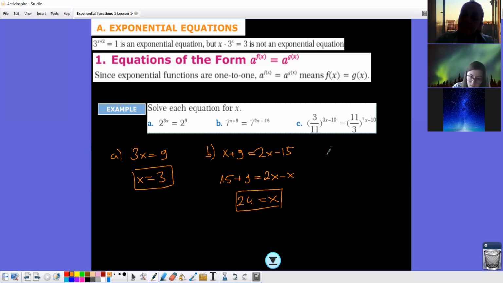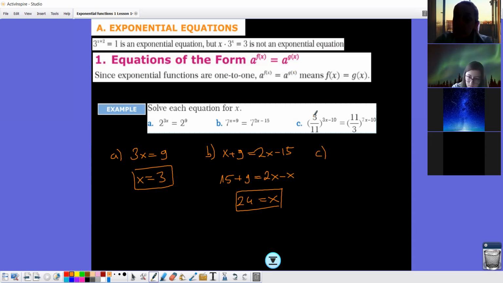In C, look. 3x minus 10. We do it inverse. We will have minus 7x minus 10. So we will change their places. So I can write this one, 3 over 11 to the power of 3x minus 10 is equal to 3 over 11 to the power of minus 1 times 7x minus 10.